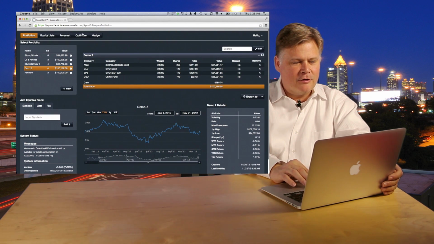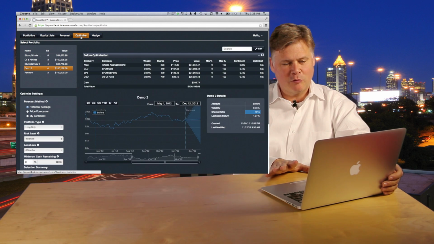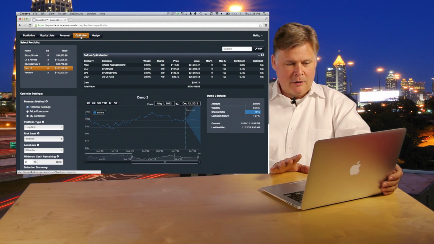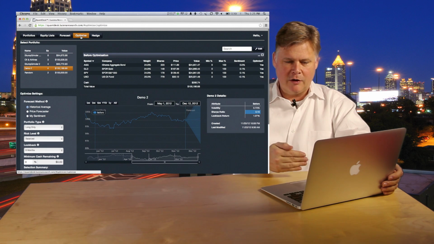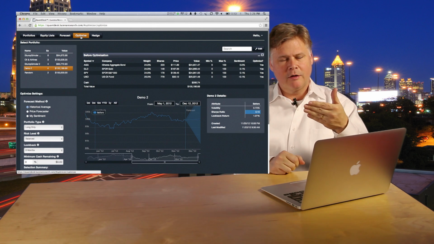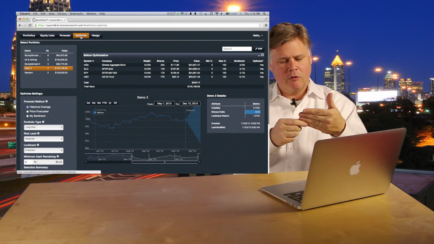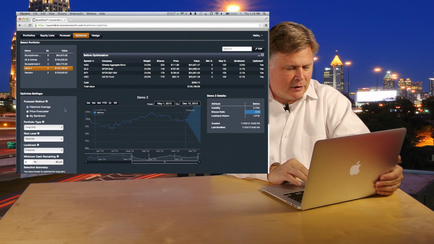Okay, so let's go to the Optimize tab, and we'll take a look at how we can optimize this portfolio. Remember now, there's four equities, and right now what we're comparing it to is a portfolio that's got one quarter of the holdings in each of those four equities.